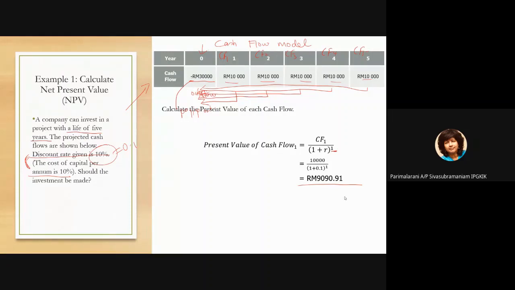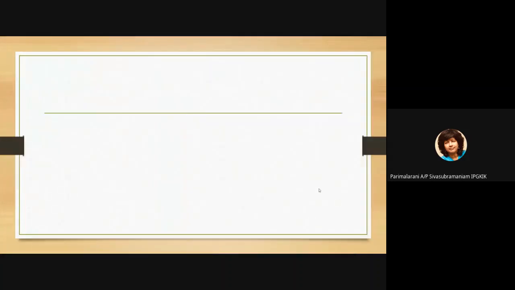Then we have to calculate one by one. For CF2, it is 10,000 over (1 plus 0.1) to the power of 2, for 2 years. How much is CF2? 8,264.46.